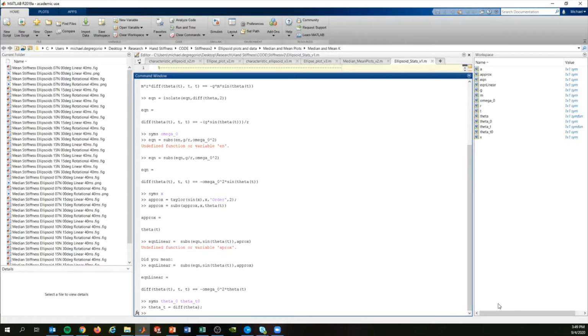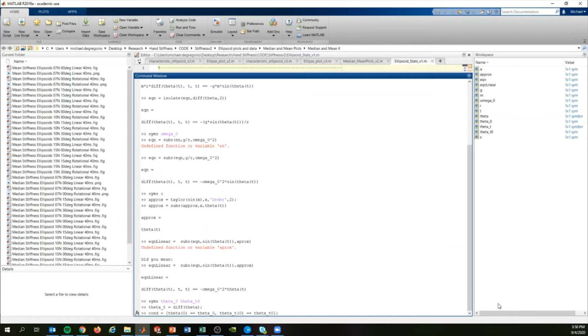Semicolon means it's not going to read out. Conditions. Well, given that theta of 0 is equal to theta underscore 0, comma, theta underscore t of 0, which is also equal to theta underscore t0.